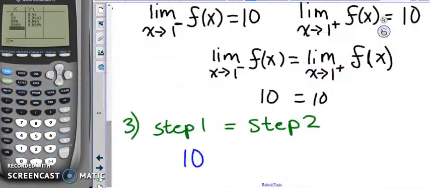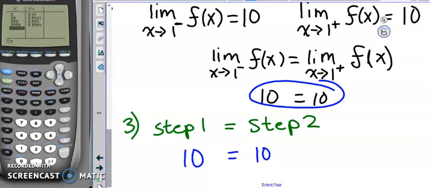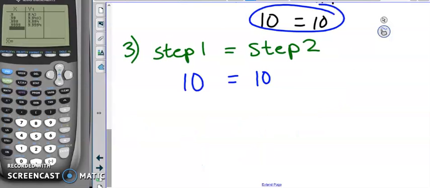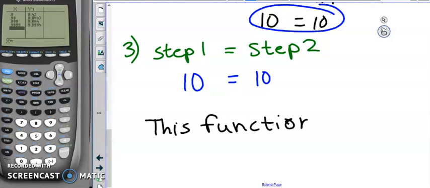The value at step 2, again, was 10. So therefore, this function is continuous.